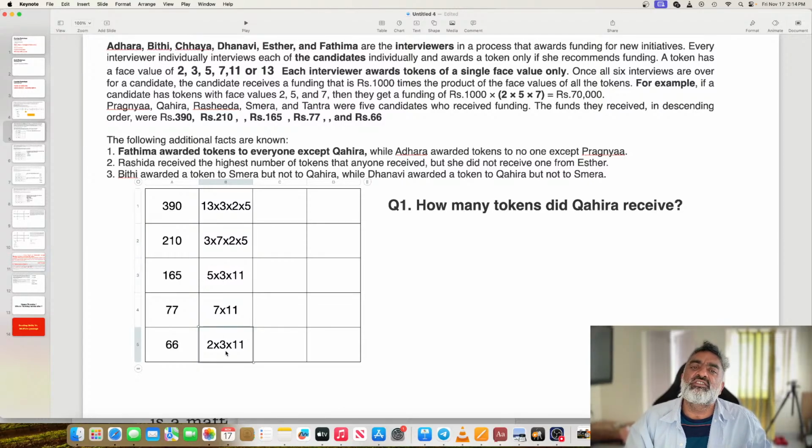Just to be sure and just to be slow, 2. 2 is here and here. 2 is present in the 390 value, 2 is present in the 210 box, but it's not there in the 165, and it's not there in the 77. So it's not present in 2 of the 5 candidates, whereas I am looking for a number which is present in 4 out of the 5 candidates. That is obviously 3. So this little game, or just reading it and thinking about it, right?